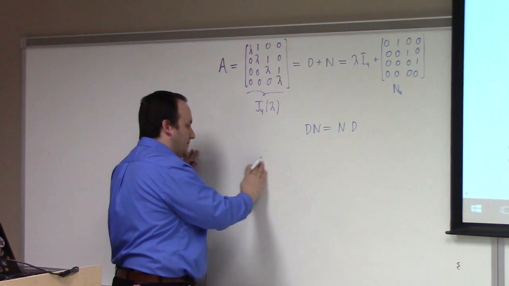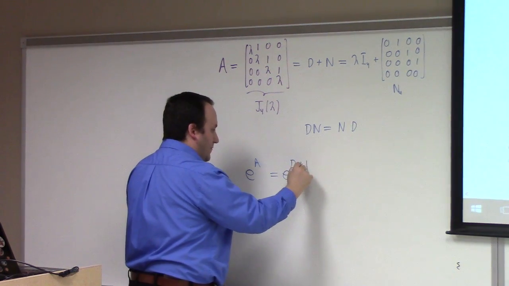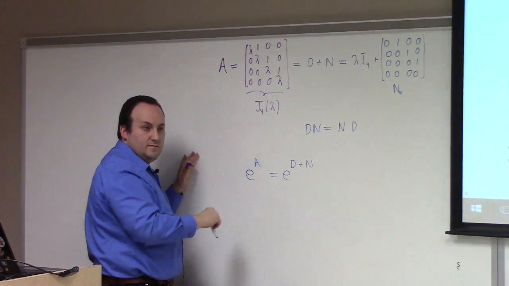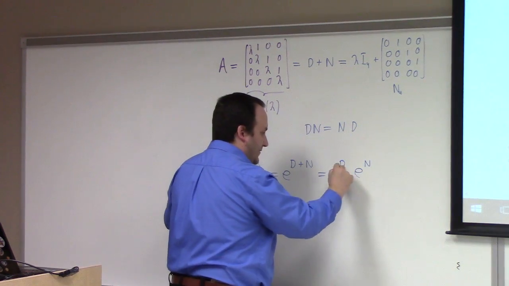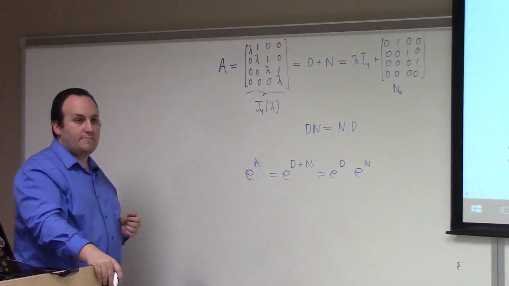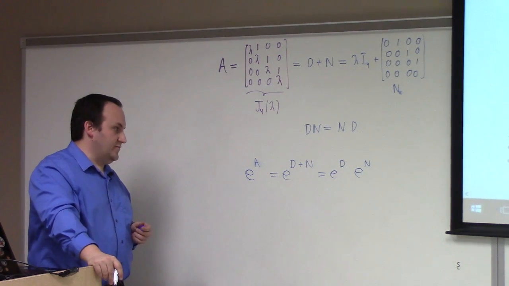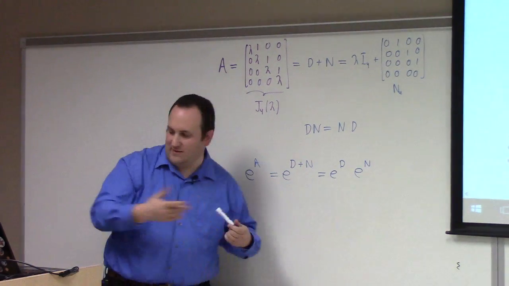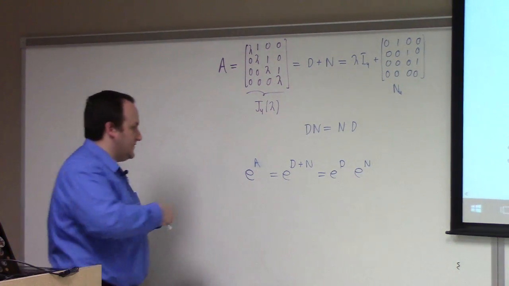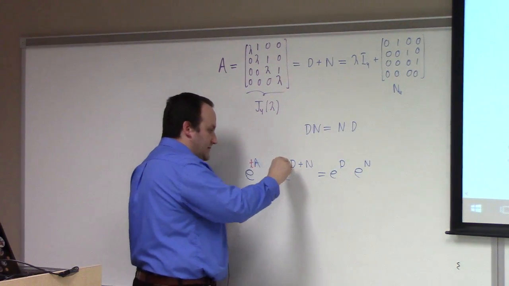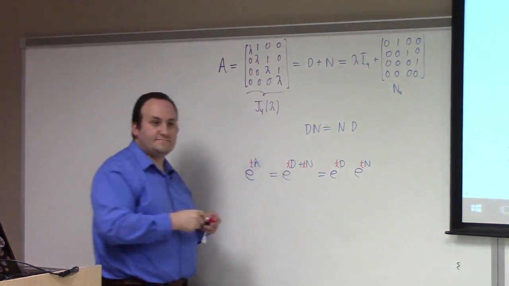Well, e to the A equals e to the D plus N. But these commute, so that means this is e to the D times e to the N. And let's multiply it by t so it's more relevant to what we're focusing on here at the moment. So t, t, t, t, t. All right, there we go.